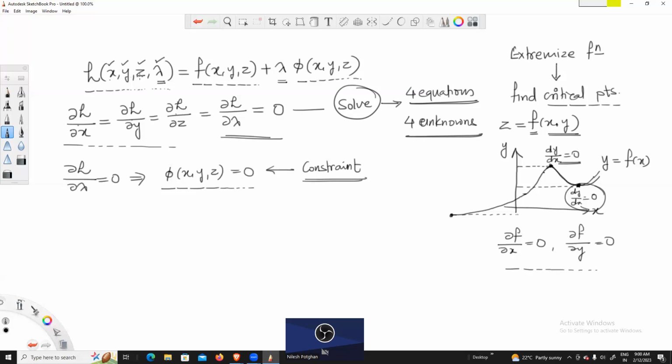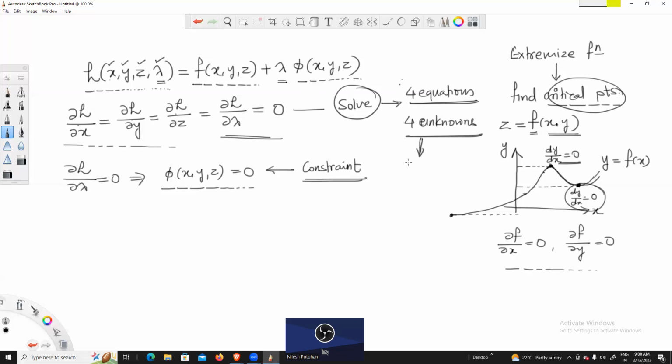So this x, y, z would be the critical point which you'll be looking for. And at the same time, the 4th variable is your Lagrange variable, which will help us to satisfy this constraint phi of x comma y comma z to be equal to 0. So ultimately you got 4 equations and 4 unknowns. You're able to solve these equations.